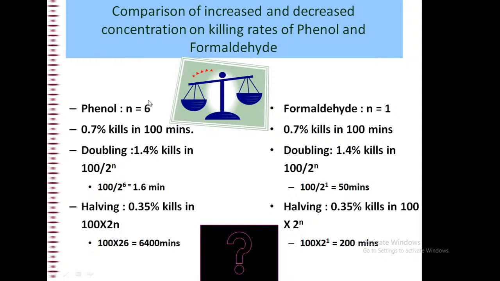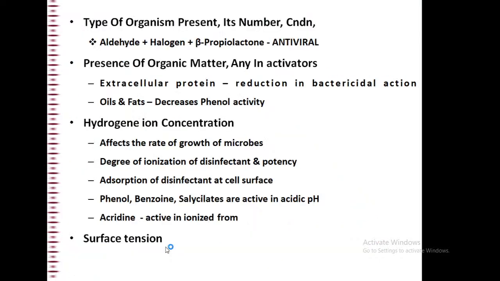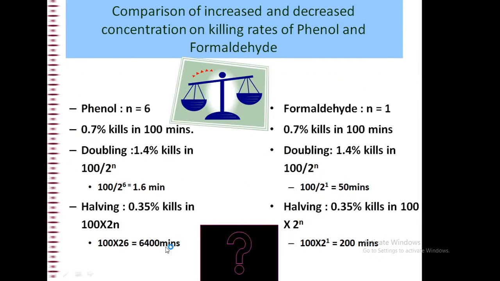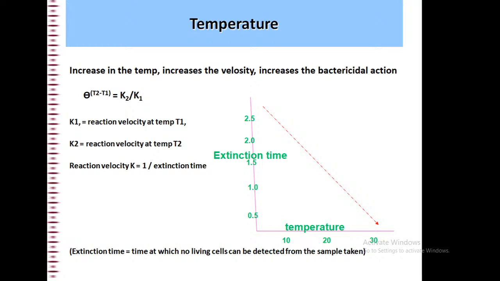Here 6% and here taking 1 ml, here taking 6 ml and here taking 1 ml. Here for killing all bacteria, 20-60, and here taking 200 minutes. So here it takes more time, and here it increases the velocity, and also increases the bactericidal action.